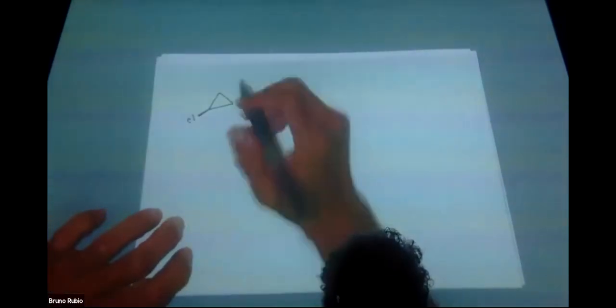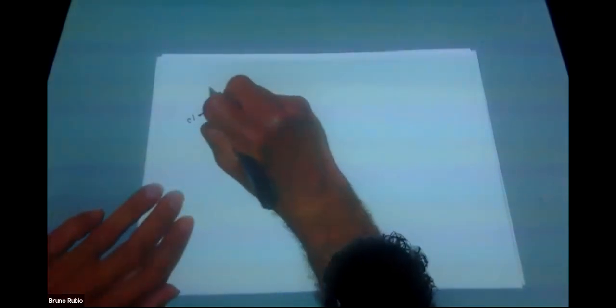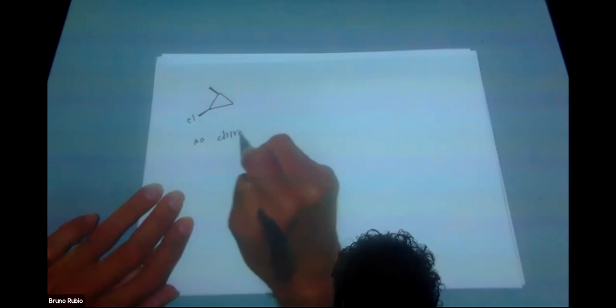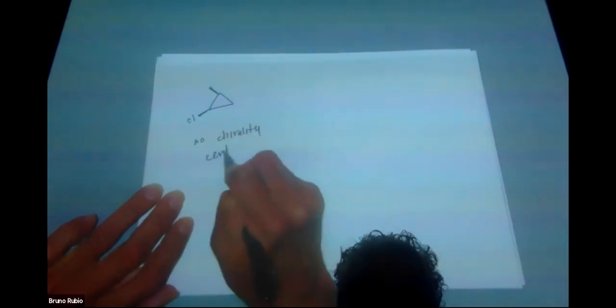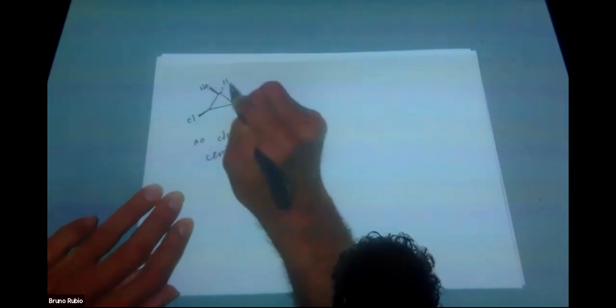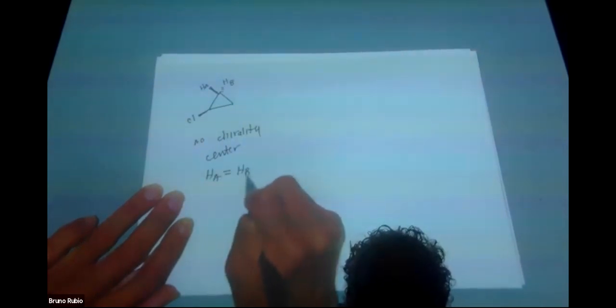No, there's not, right? There's no chirality center. So if this is all we remember, that the two protons of a CH2 group are equivalent unless there's a chirality center, then we would come up with the wrong conclusion that HA is equivalent to HB.